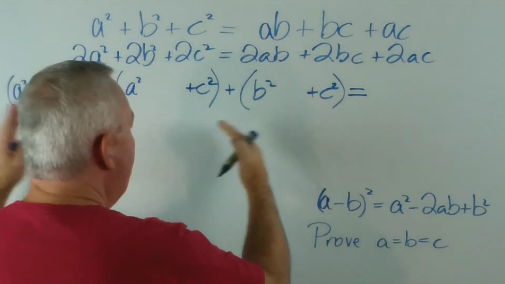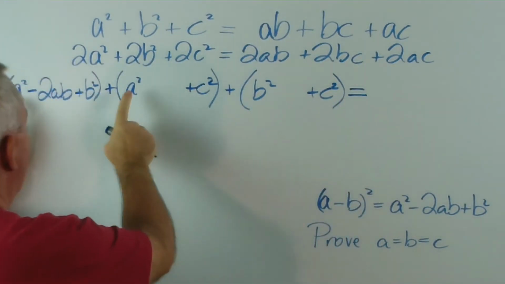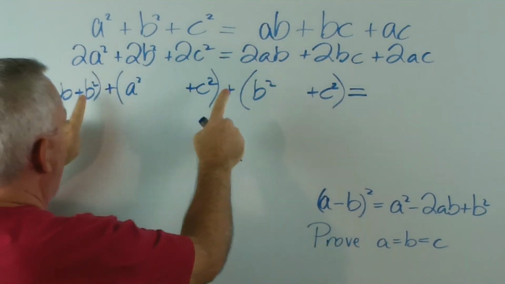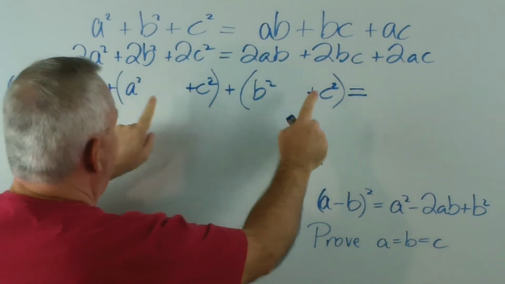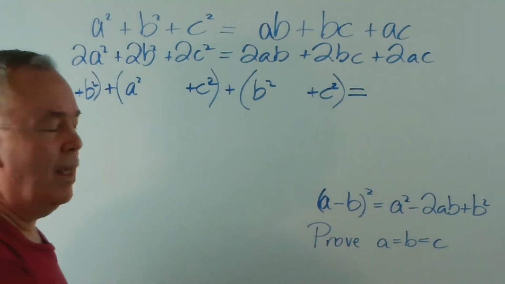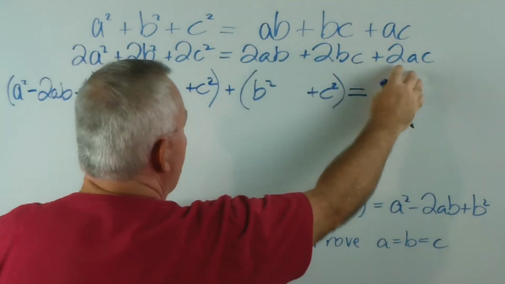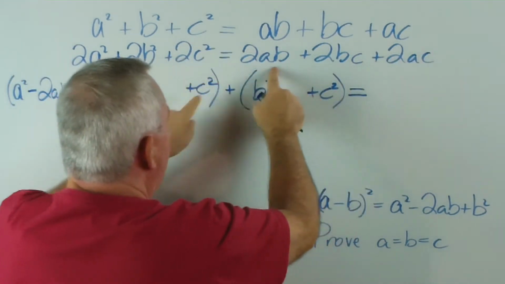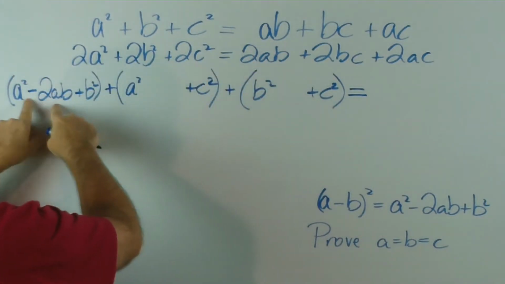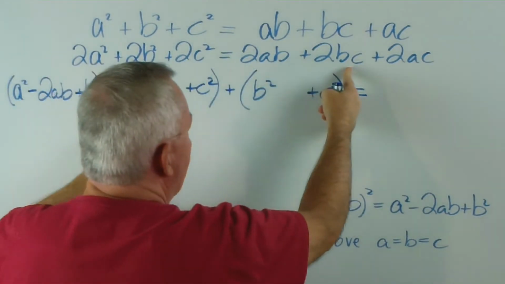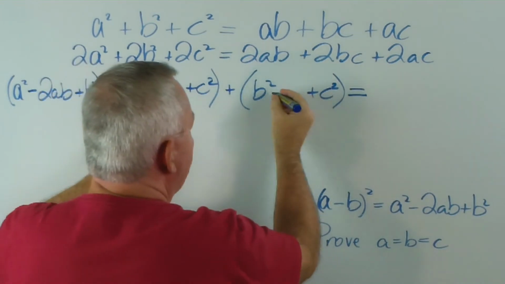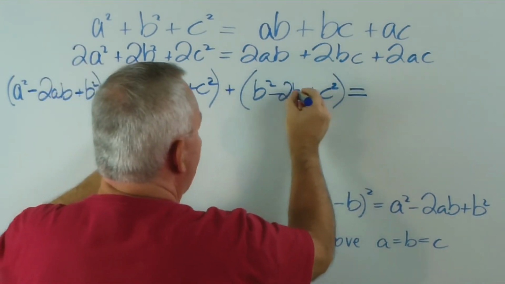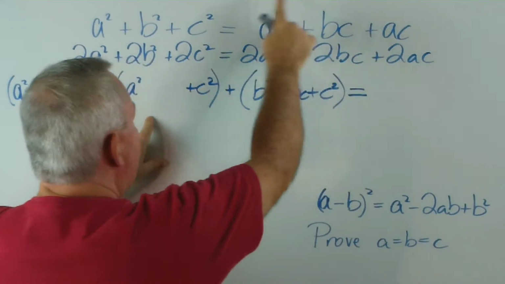So we're staying on the left-hand side of the equal sign. And you can see we've got our two a squareds, our two b squareds, and our two c squareds. And from the right-hand side of the equal sign, we're going to bring over the 2ab to here, minus 2ab. Bring over the 2bc and put it here. And bring the 2ac over to here.